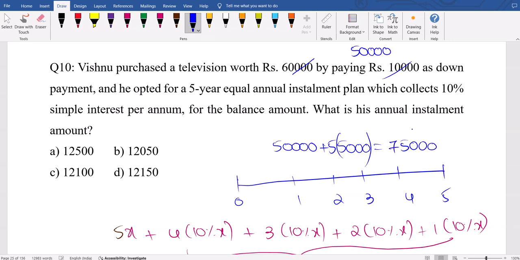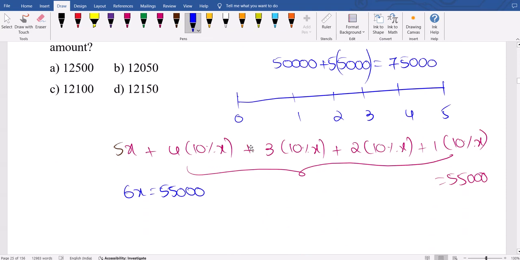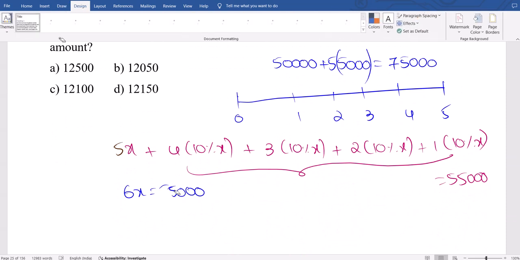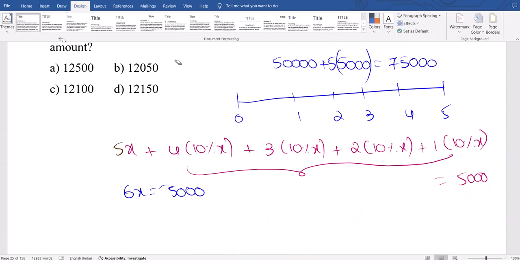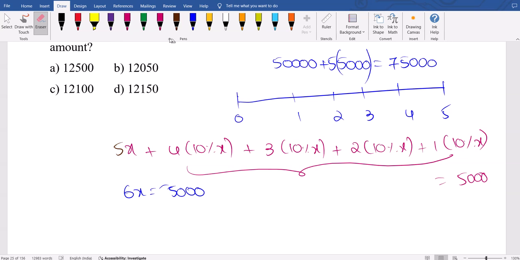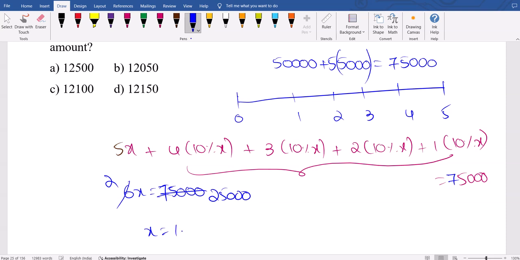There is no mistake in approach. So x will be equal to 12,500 is the answer. Guys, you can focus on installment.